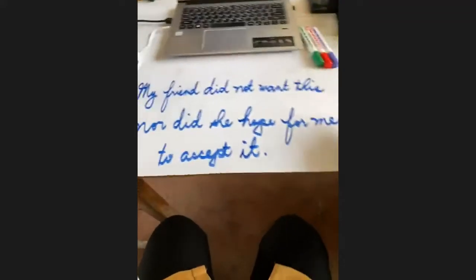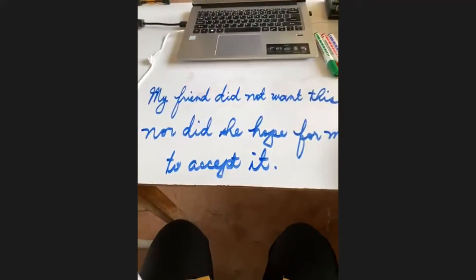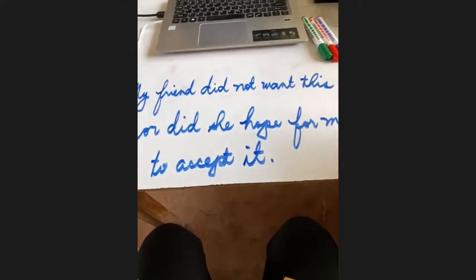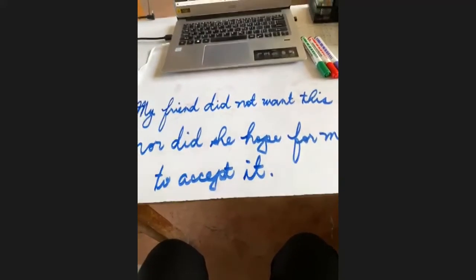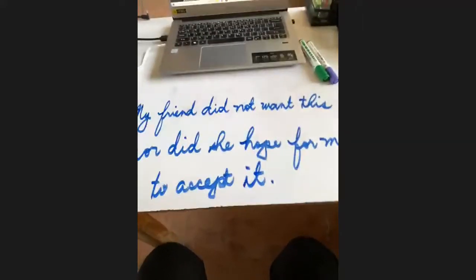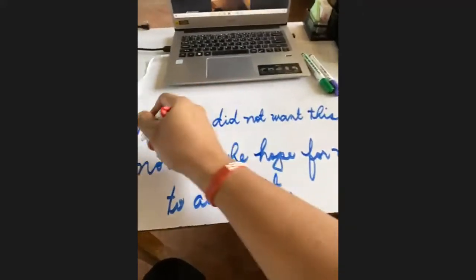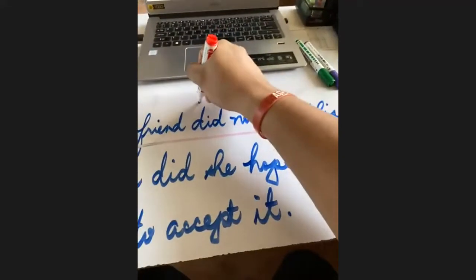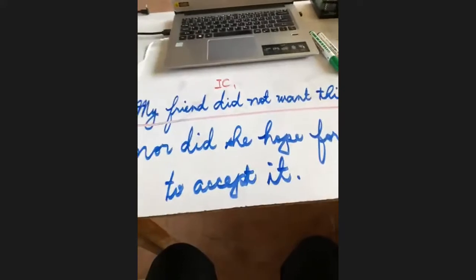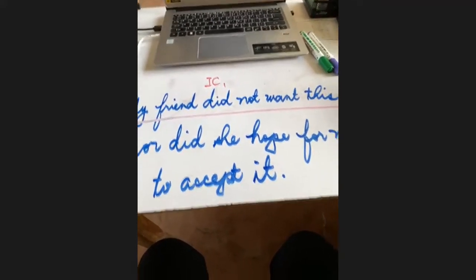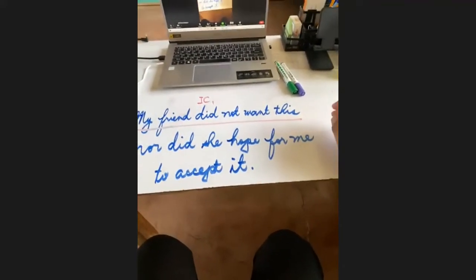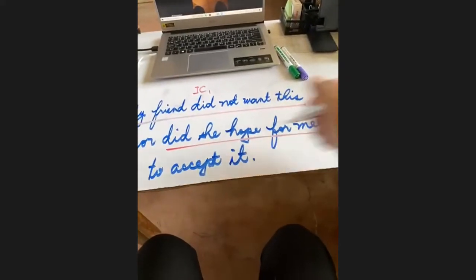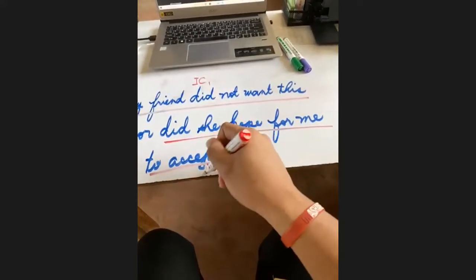Here's your sentence: my friend did not want this, nor did she hope for me to accept it. Look at the structure. Let's try to underline parts. This happens to be your independent clause 1. That's independent clause 1. What is independent clause 2? This is independent clause 2.